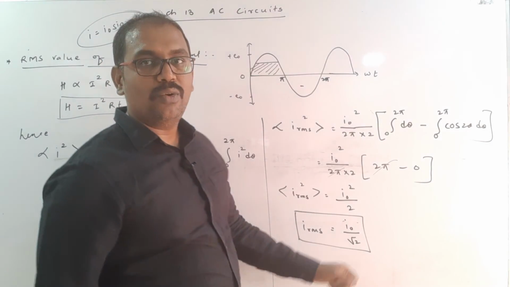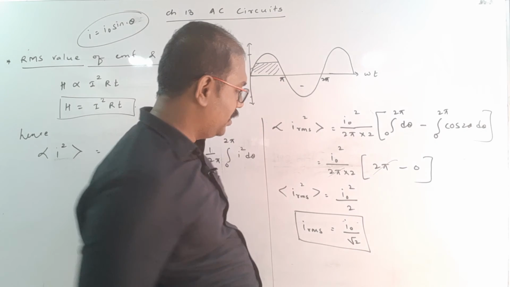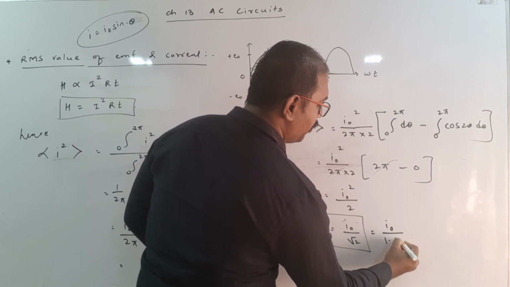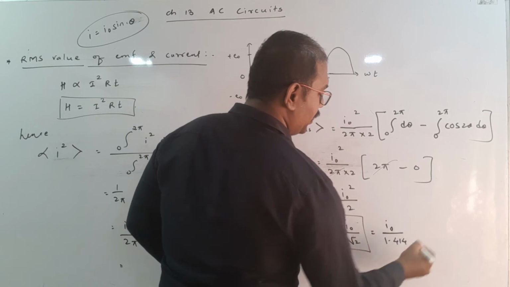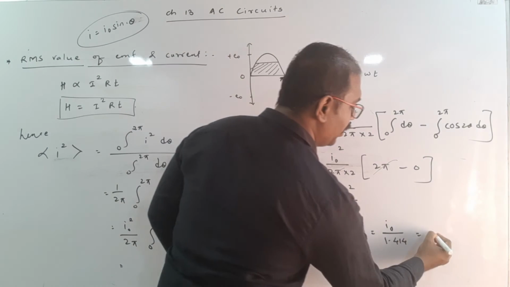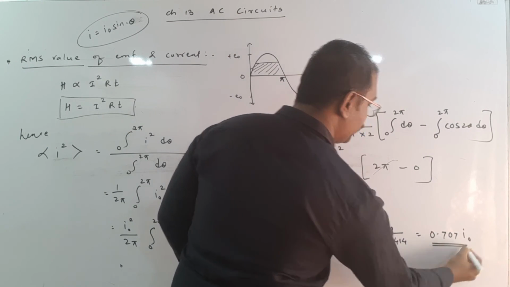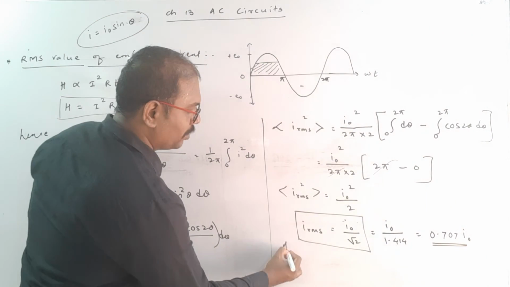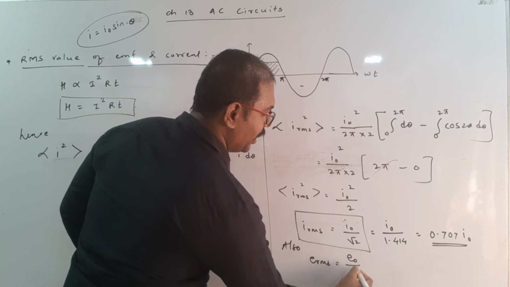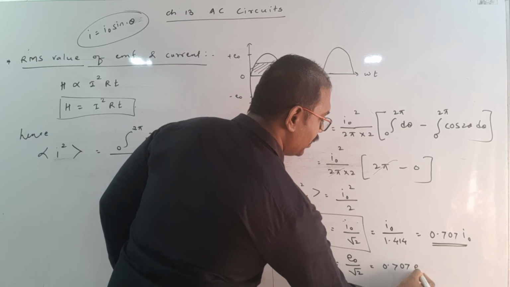So 1 by root 2, root 2 होता है 1.414, or I can write it this way: I0 divided by 1.414, or 1 upon root 2 is coming 0.7071 I0. In that way also we can write, and similarly E RMS is equal to E0 by root 2, or we can write 0.707 E0.